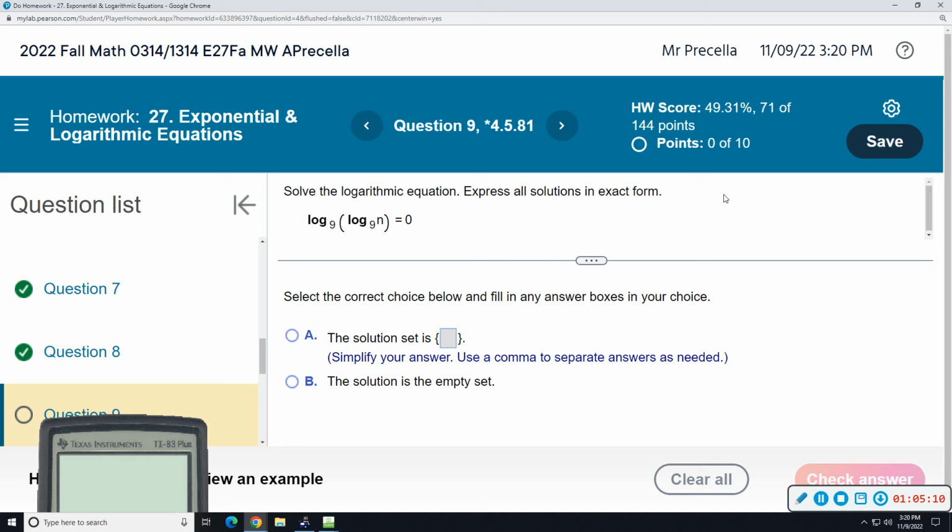That's log base 9 of log base 9 of n equals 0.